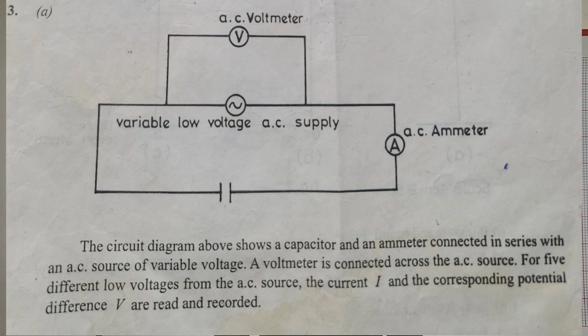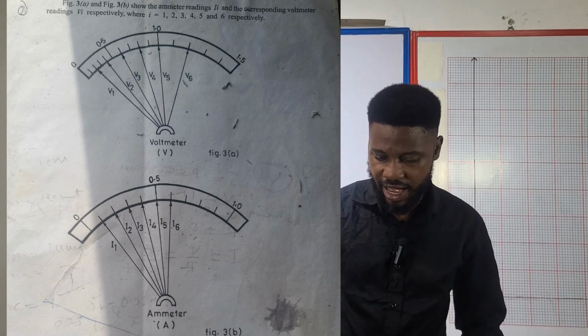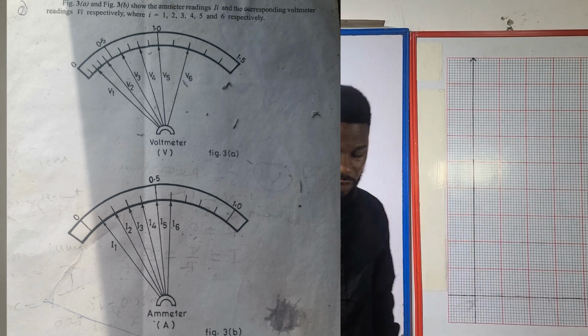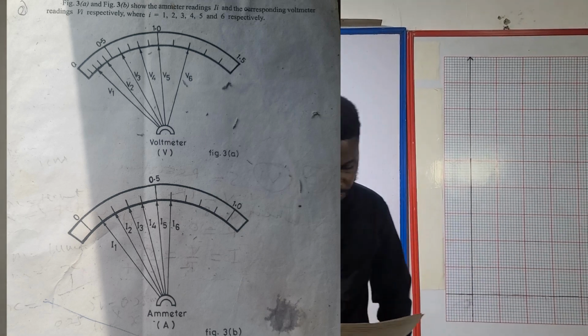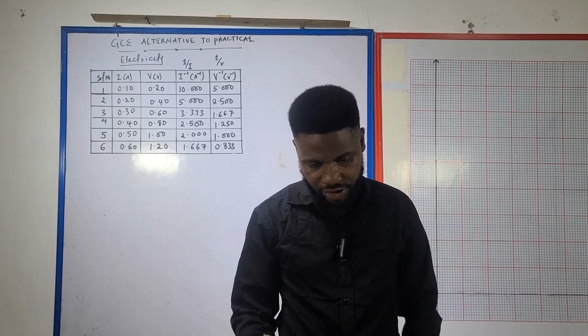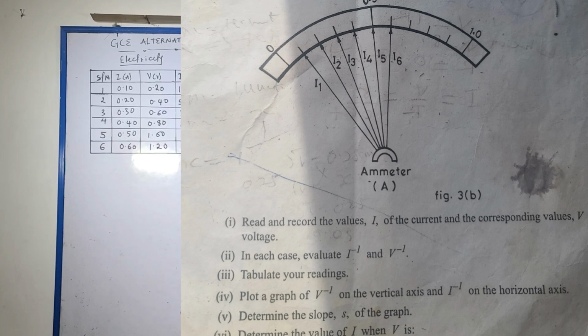As you will soon see displayed on your screen, you're going to see two figures showing a voltmeter and an ammeter. In the very first question, we were told to record the values for I, the current on the ammeter, and the corresponding values V for the potential difference on the voltmeter, talking about the voltage.